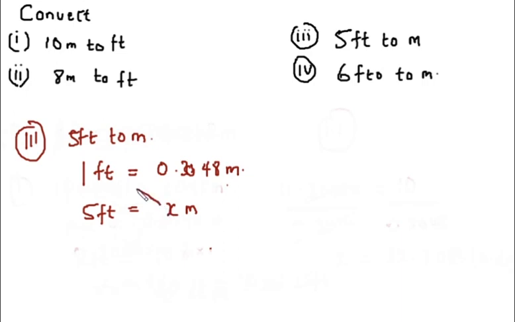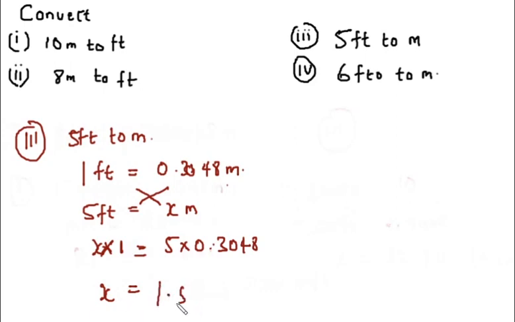Cross multiplying, this becomes x times 1 equal to 5 times 0.3048, so x is equal to 1.524 meters.